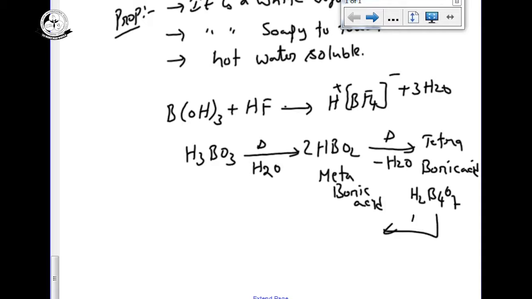Again further we can heat this one, and finally we can get boron oxide B2O3. Otherwise, directly from here, by heating with loss of water molecules, we can get B2O3 directly.